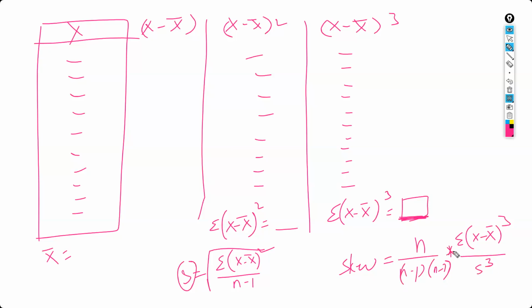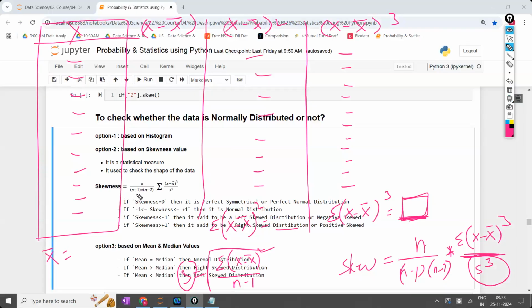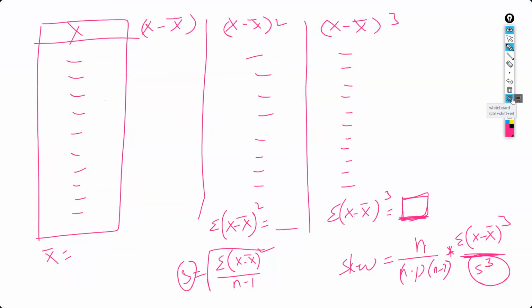This is the formula of skewness. So from here you calculate this value, and you already know n divided by n minus 1 into n minus 2. So the formula is n divided by n minus 1 into n minus 2, into sigma of x minus x bar whole cube by s cube, where s is the standard deviation and n is the number of records.